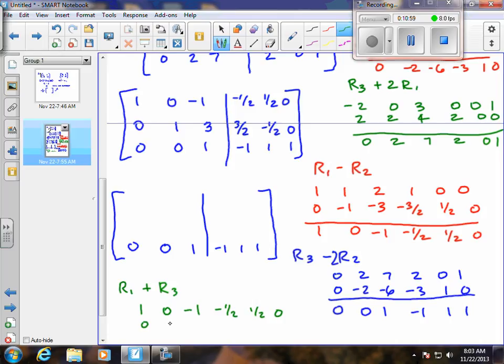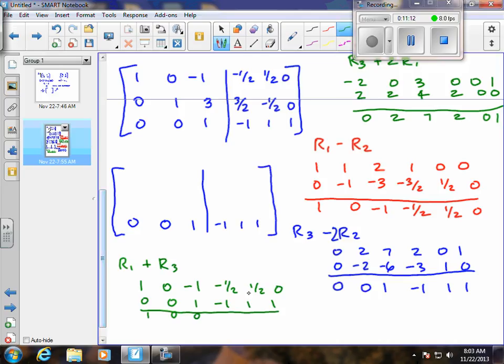And that will give me my new row 1. -1/2 and -2/2. 1/2 and 1. 0 and 1.